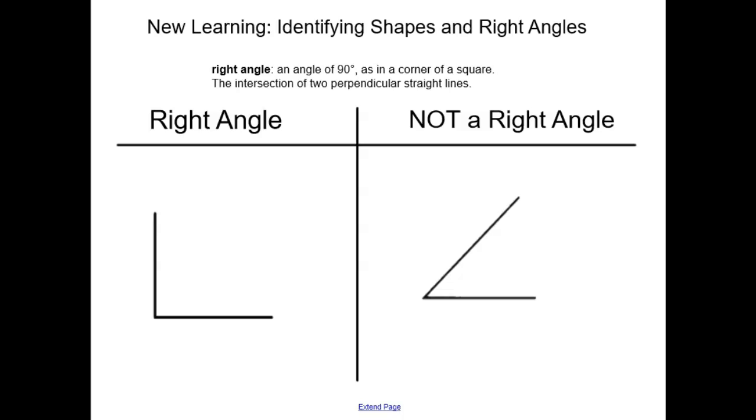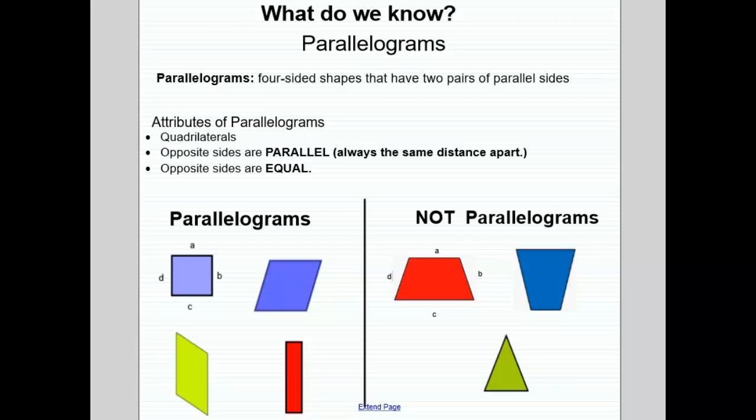Yes, this is a right angle because it's just like the corner of the square. There are 2 perpendicular straight lines that meet. This is smaller than a right angle because you see that these sides don't come together straight up and straight across. Wonderful job.